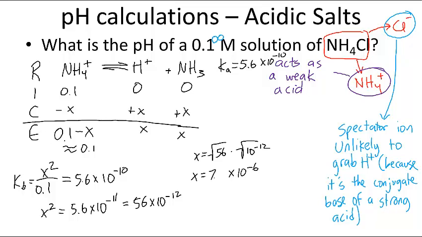All right, so I get to the point where I know x is about 7.48 times 10 to the negative 6th. So the pH is going to be the negative log of that.